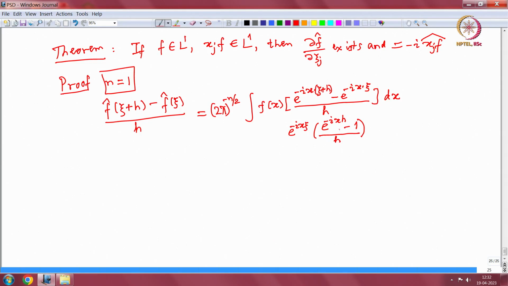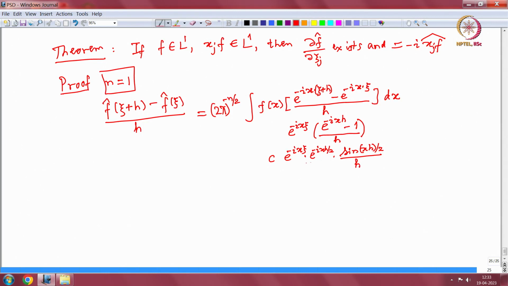So, what about this one? We can write e to the minus i x j, times e to the minus i x h by 2 into sine of x h by 2, with some constant factor 2, some constant, and this is h.